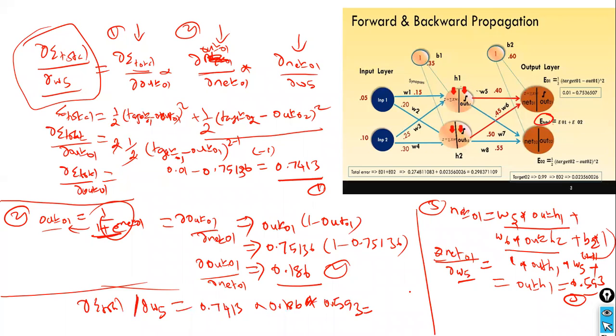Okay, so this is 0.082, something like that.